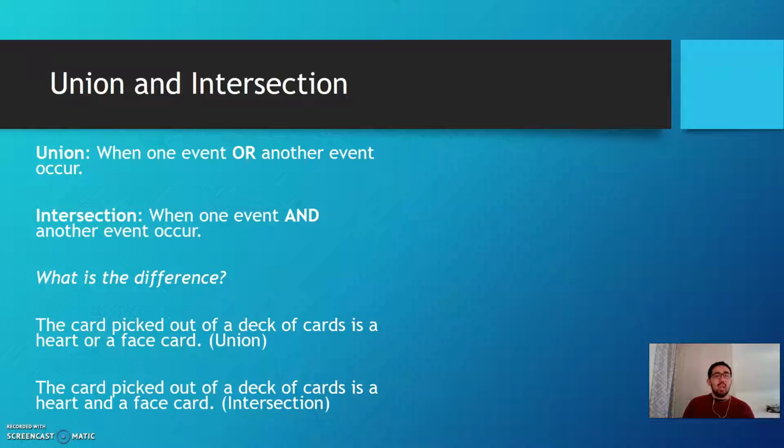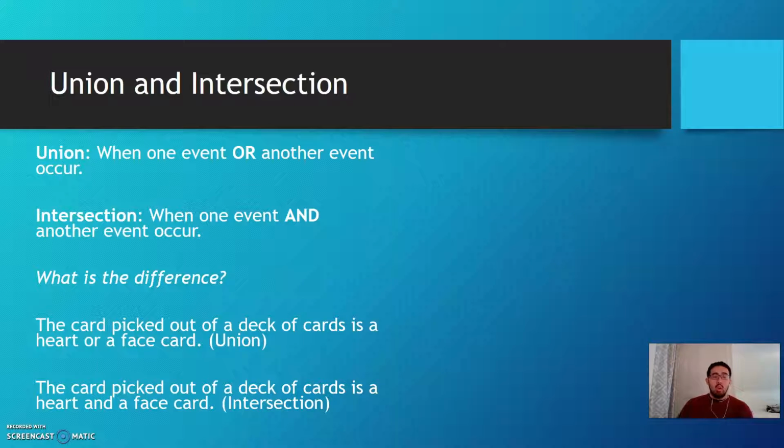The card picked out of a deck of cards is a heart or a face card. That is an example of union. So if I'm picking a card out of a deck, it could be a heart or a face. The card picked out of a deck of cards is a heart and a face card. So it must be a heart and a face card.